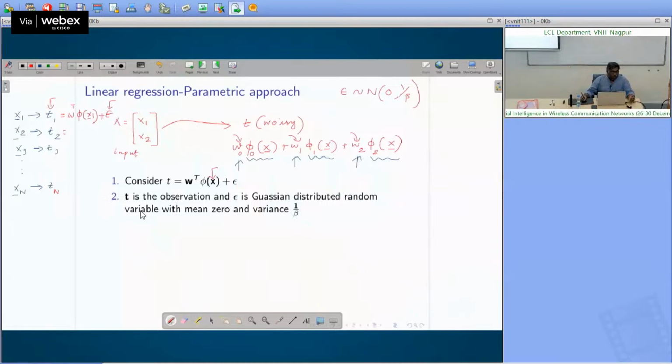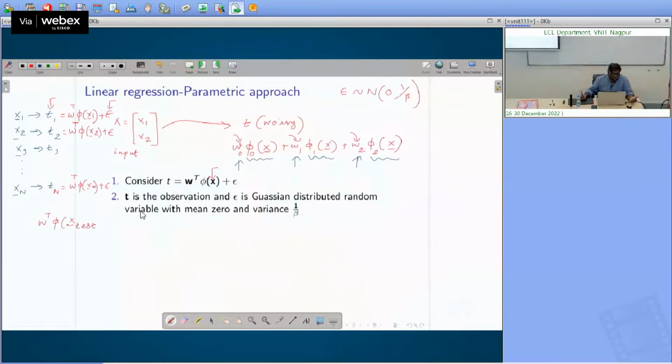Whatever we observe is going to be a noisy observation. So here it is going to be W transpose phi of x2 plus epsilon, and so it goes on. Finally here it is W transpose phi of xn plus epsilon. So now what is our goal? Our goal is, for a new set of values, given RLC, I would like to know what the voltage is. In fact, what it really means is W transpose phi of x test.